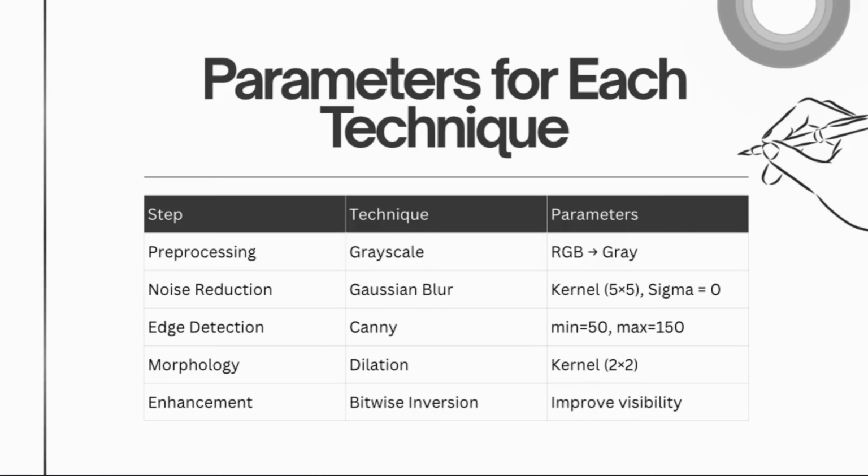Edge detection, for detecting the edges, we use the Canny function, and you see the min and max, 50 and 150. And morphology is dilation. We use dilation, and we set the kernel to 2, and we enhance by using bitwise inversion, which basically reverses the color, turning the black background white.